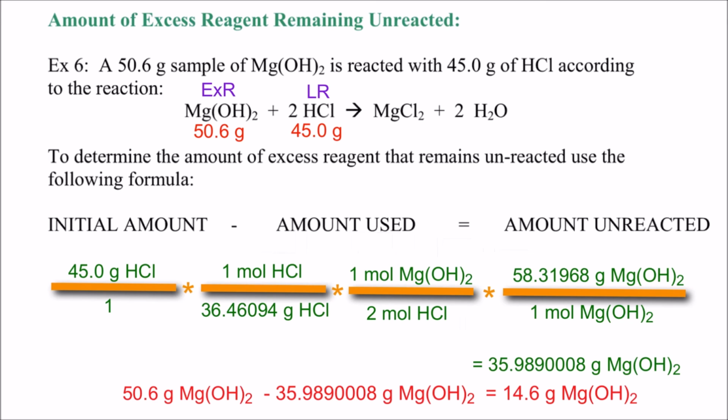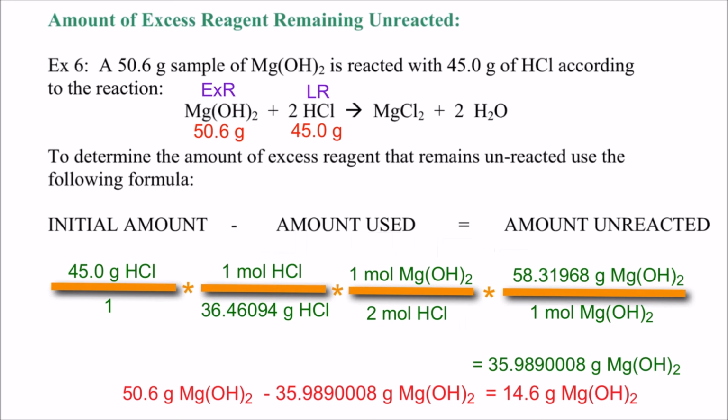Alright, so we've taken our initial amount, we've subtracted the amount that gets used during the reaction, and we are left with the amount that remains unreacted or left over at the end of the reaction. Okay, so it's a bit of a different kind of process from what we're used to because we're going from one reactant to another reactant instead of a product.